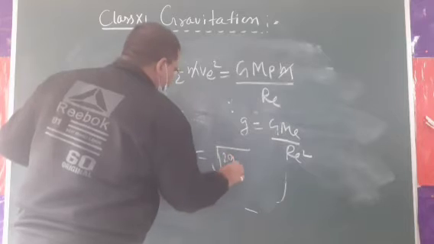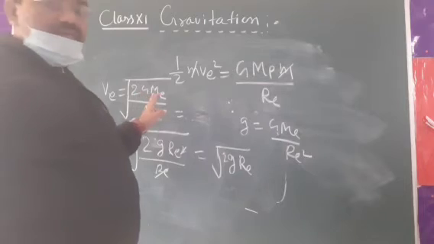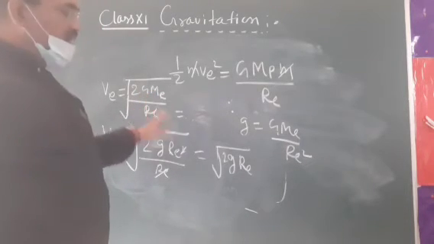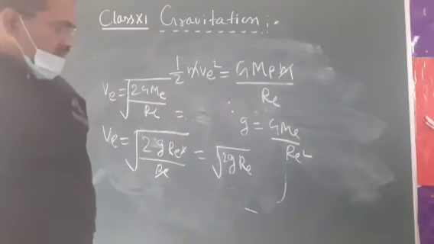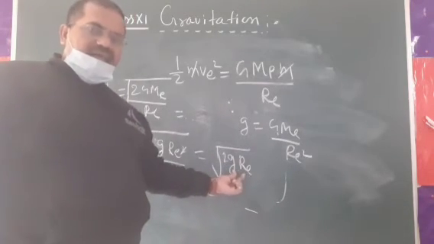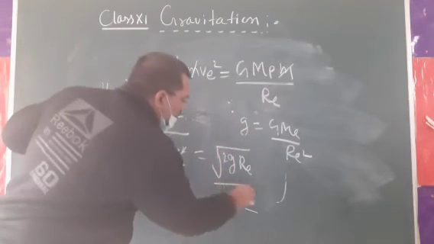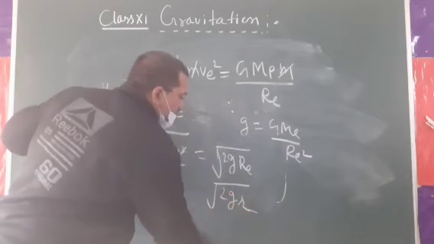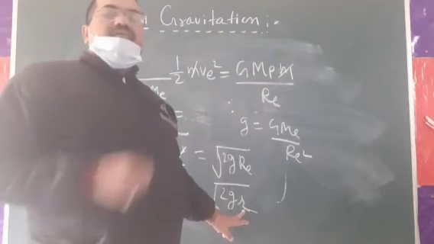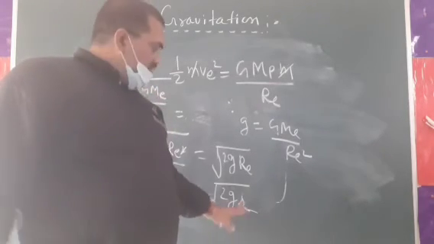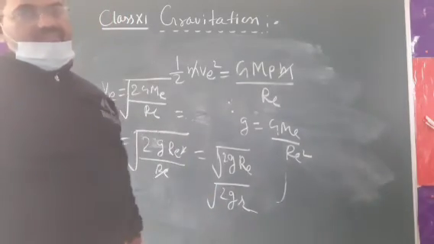So this is another formula in terms of small g. This is a formula in terms of capital G, and this is a formula of escape velocity in terms of small g. It may be generalized: 2 g small r, you can write under root 2 g r. g is the acceleration due to gravity of that planet, r is the radius of that planet. So you can write escape velocity for any planet as you wish.